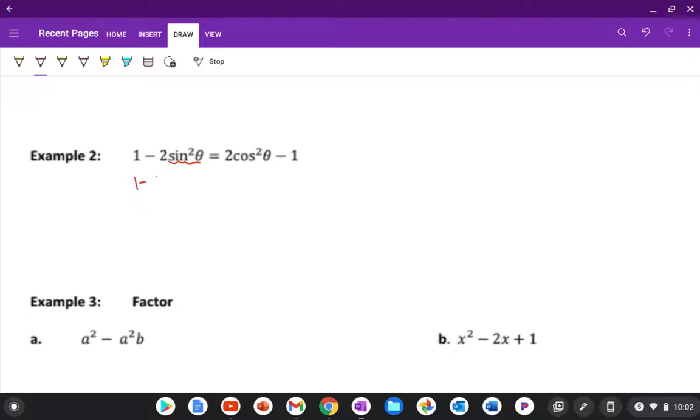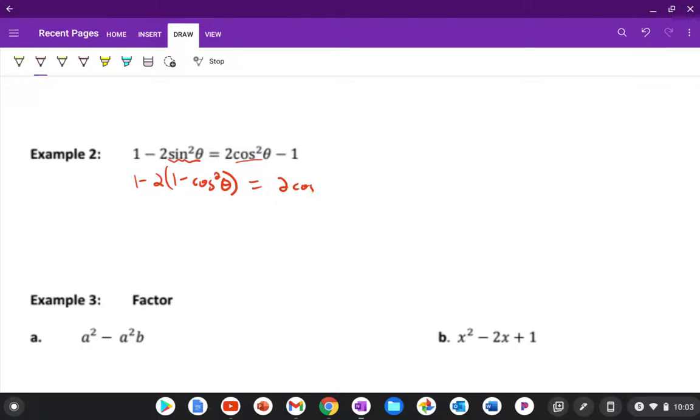And if I'm thinking ahead about what sine squared replaces with, remember that's 1 minus cosine squared. And that'd probably be a good thing because this one has a cosine squared. And if I'm trying to get them equal to each other, then replacing this with something the other side has is probably a good strategy. So I'm going to replace that with 1 minus cosine squared. I'm just going to keep this one the same. And see what I can do to simplify this one over here.